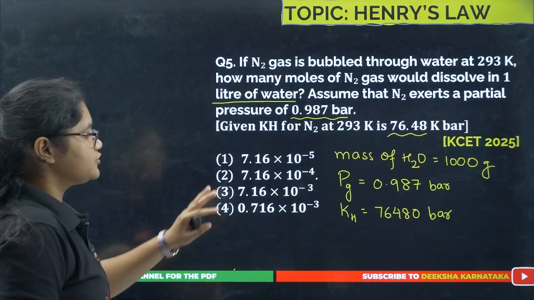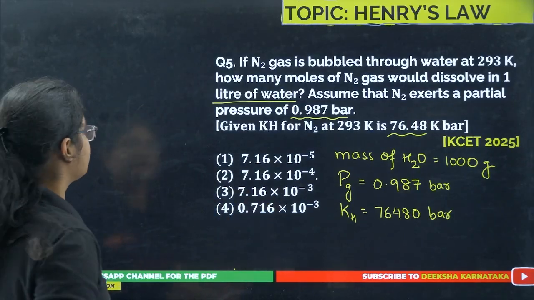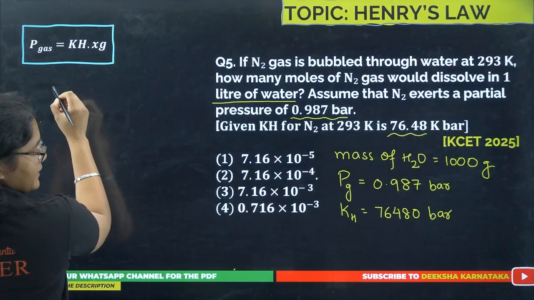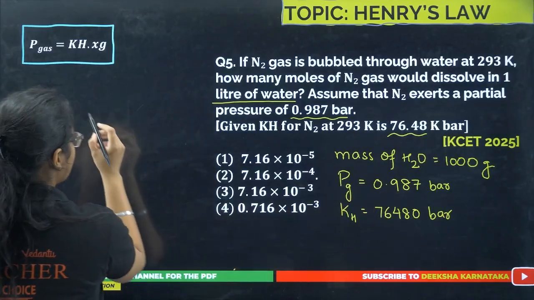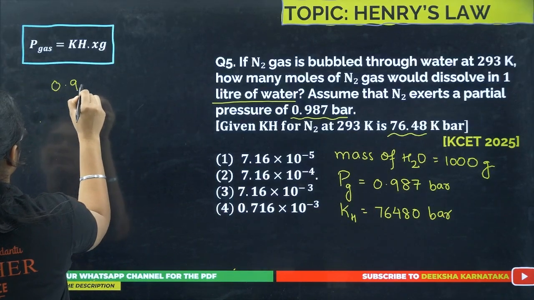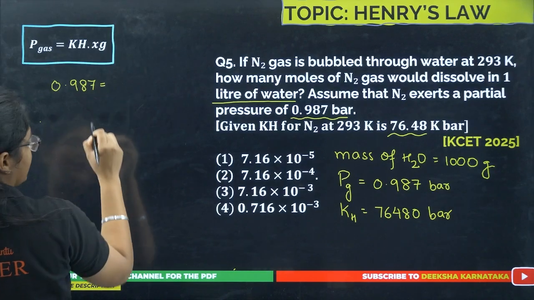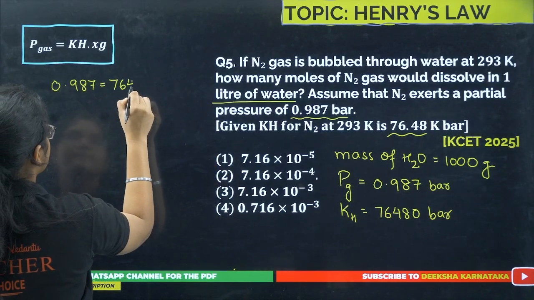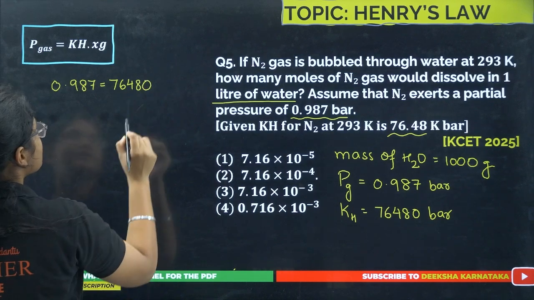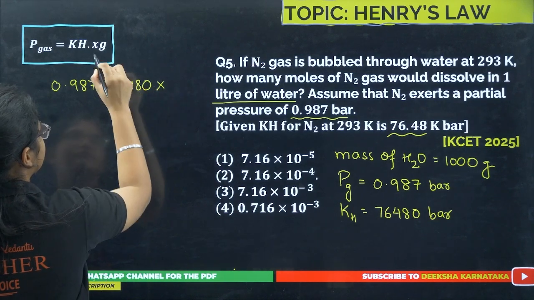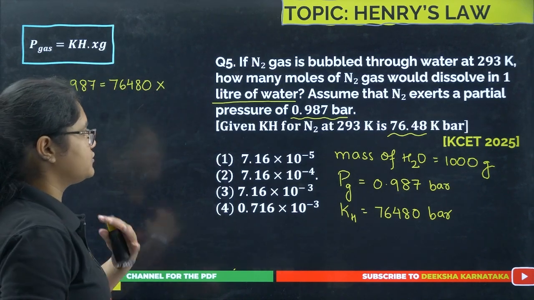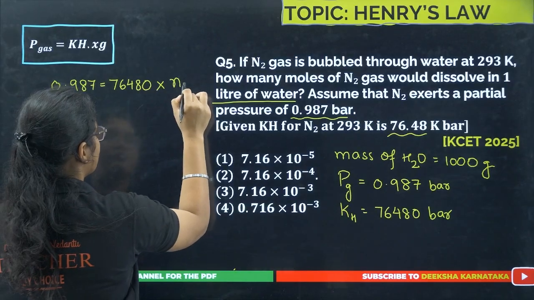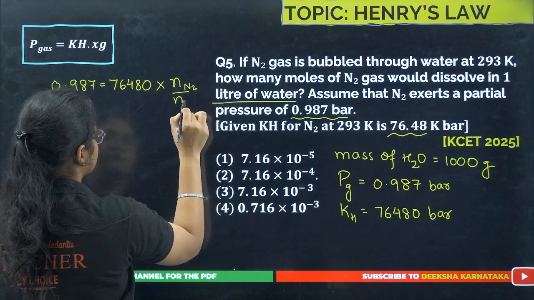Now I can substitute in the formula, Henry's law formula. Pressure of the gas is 0.987 bar. Next, KH value is 76480, into mole fraction of the gas. Mole fraction of the gas I can represent as number of moles of N2 by number of moles of water.